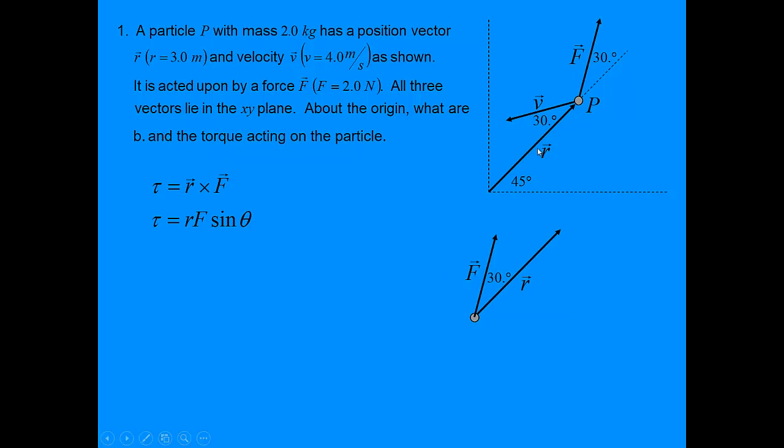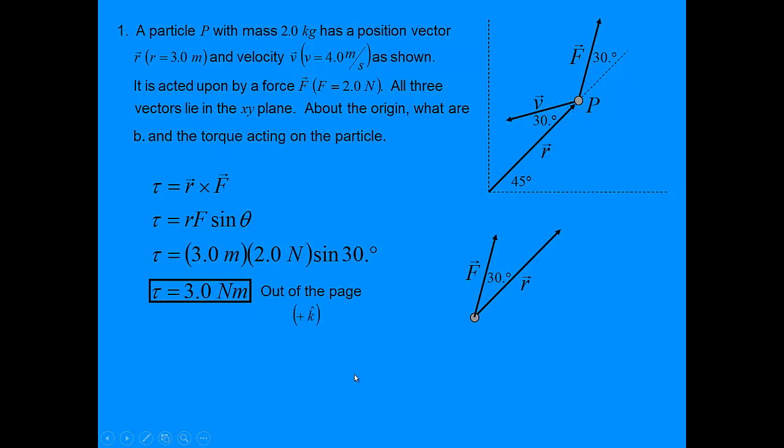No magic there. I stole this out of somewhere, and whatever I did, they happened to make those both pretty 30-degree angles, I think so that you didn't really need a calculator. So R is 3 meters. F is 2 newtons. Sine of 30 is, of course, 0.5 again. So this is 3 newton meters of torque. Again, if you rotate R into F through the smaller angle, it's out of the page or positive k cap.